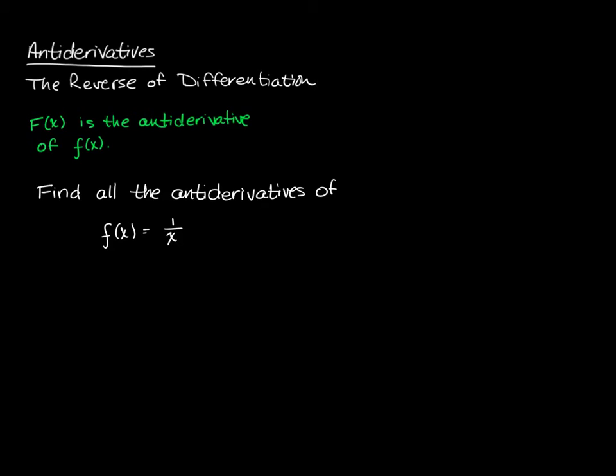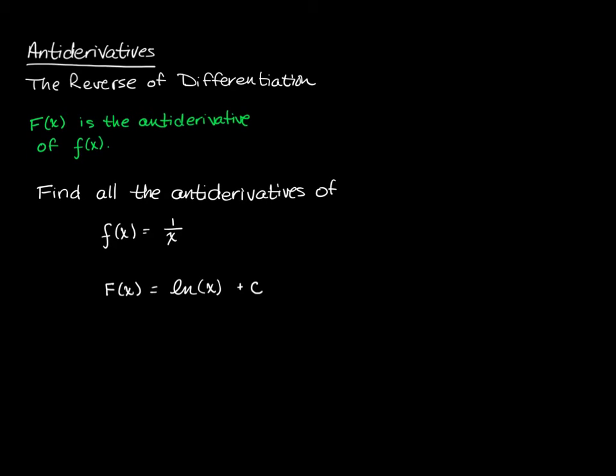So here we're going to have to remember that the derivative of some function is 1 over x if that function is the natural log of x. In other words, an antiderivative of 1 over x is ln of x, because the derivative of ln of x is 1 over x. But remember, the derivative of ln of x plus the square root of 17, for example, is also 1 over x.